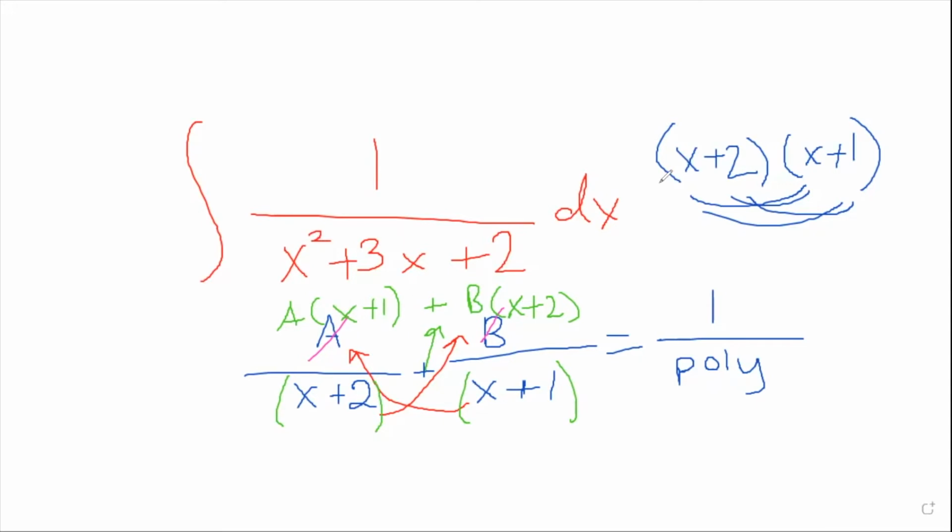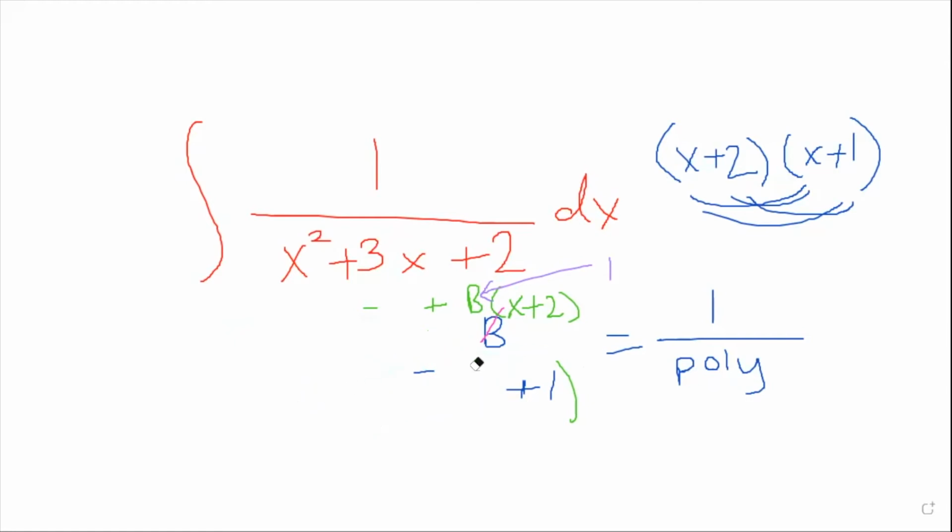So we can say a is negative 1 and b is just 1. Cool. So now we found what we have here and here. We've done all this hard work, so let's apply it to the problem we have at hand.